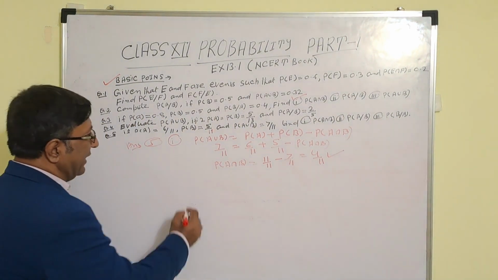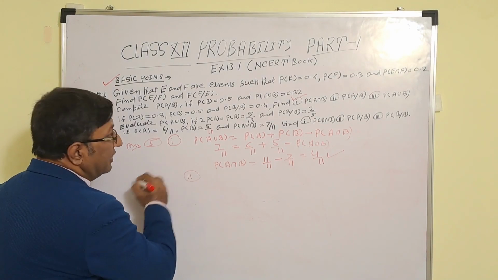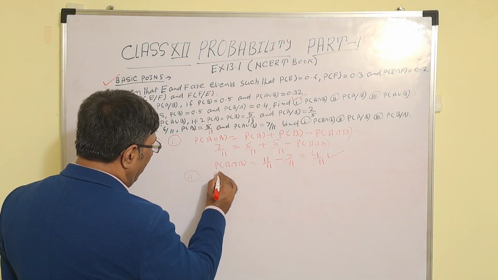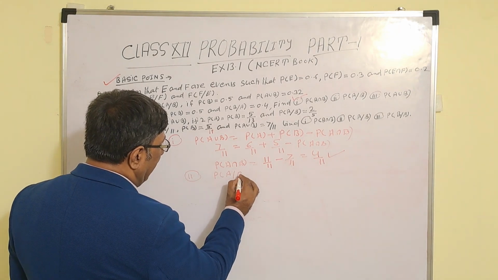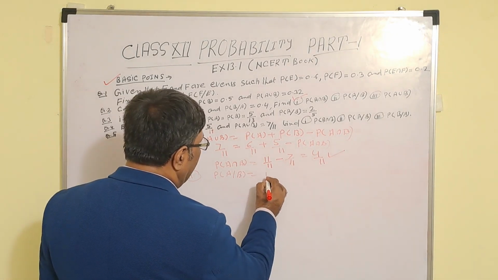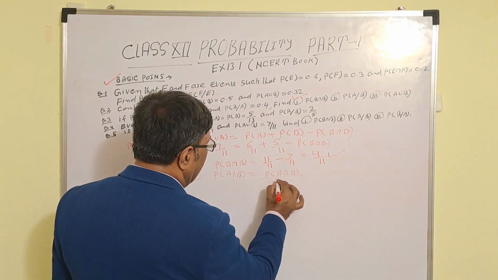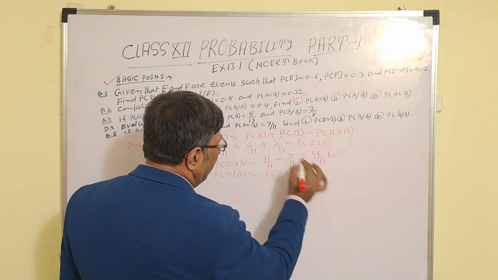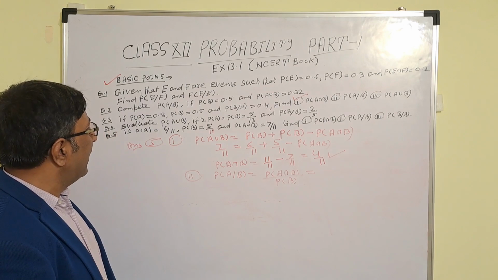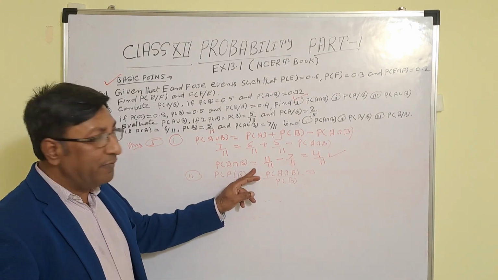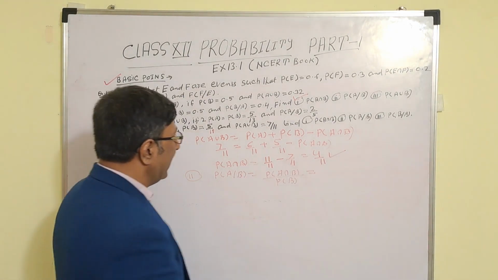Now see the second part. The second part is what? Probability of A given B. So we know the formula: probability of A intersection B divided by probability of B. Probability of A intersection B we have already found, 4 by 11.